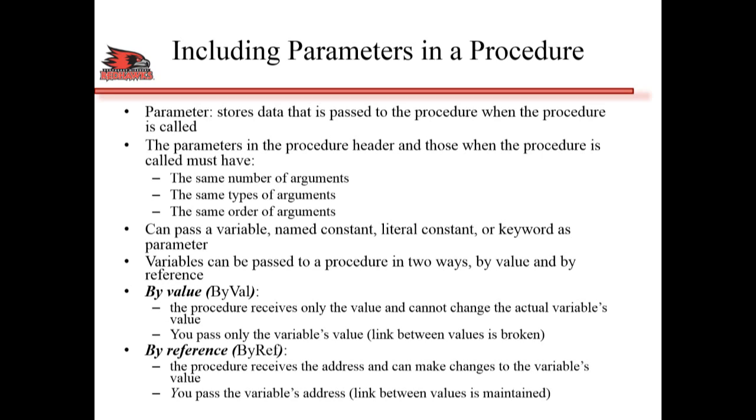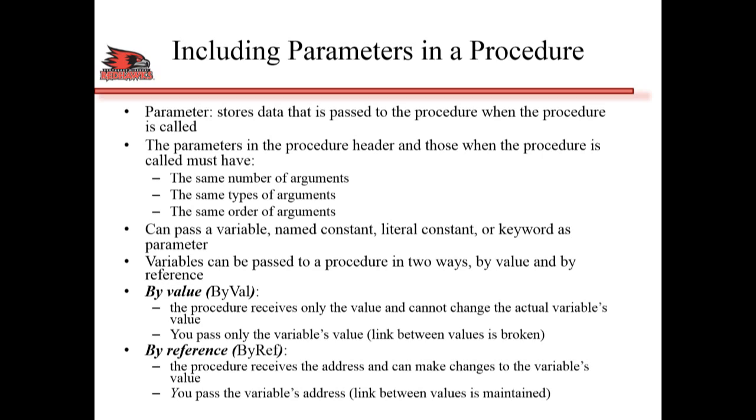So arguments are the data given to the parameters of the procedure. By definition, the parameters in the procedure header and the arguments when the procedure is called must have the same number, the same type, and the same order.